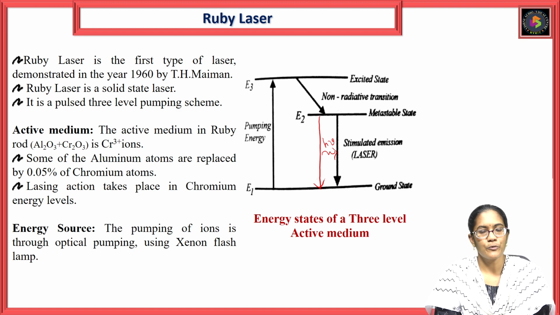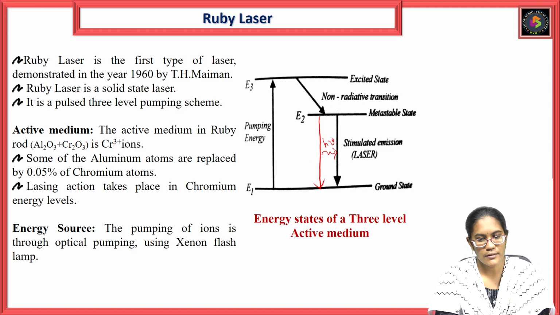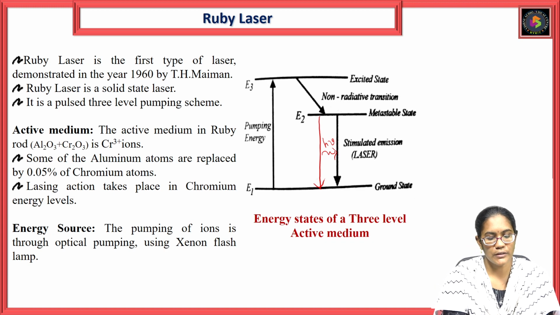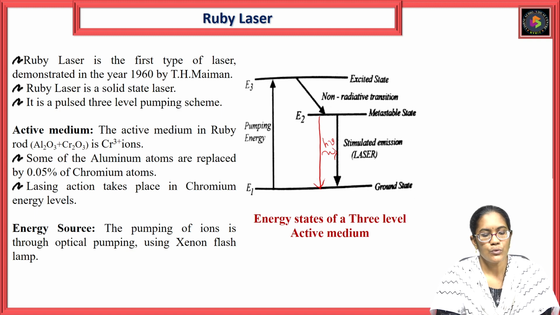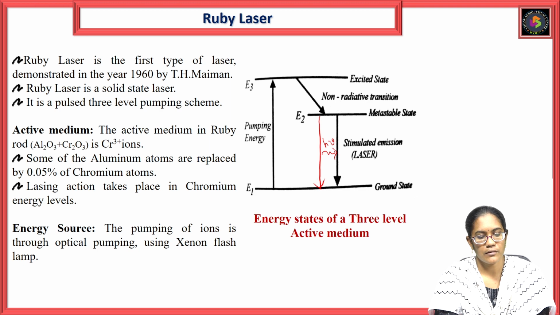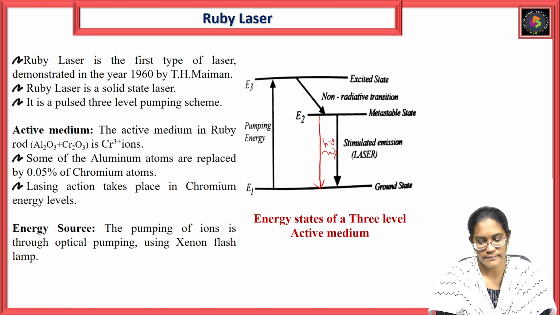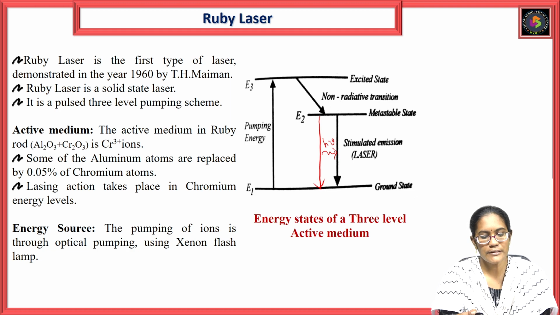If you come to the Ruby laser, it is a solid state laser and it is a 3-level laser. In the Ruby laser, the active medium is the Ruby rod. It is made up of Al2O3 and Cr2O3 crystals. Mainly the laser source comes from the Cr3+ ions, which are the active ions.